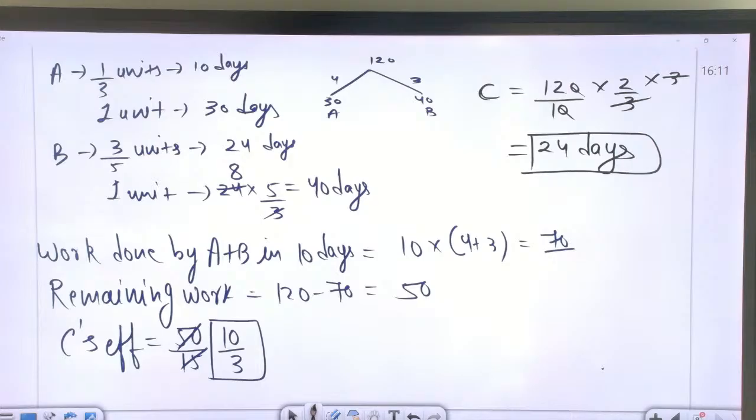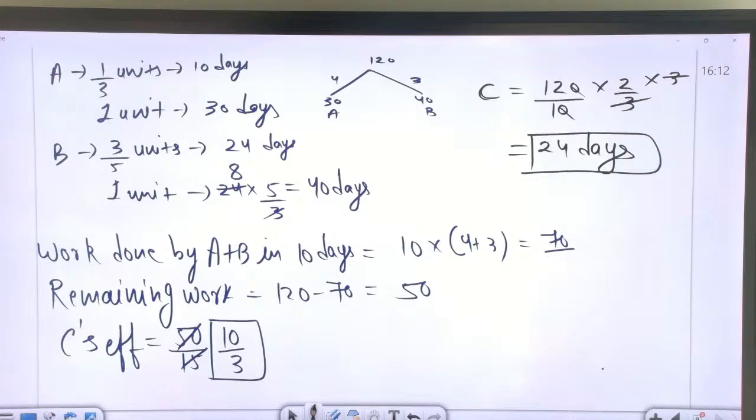A and B worked together for 6 days. Full stop.